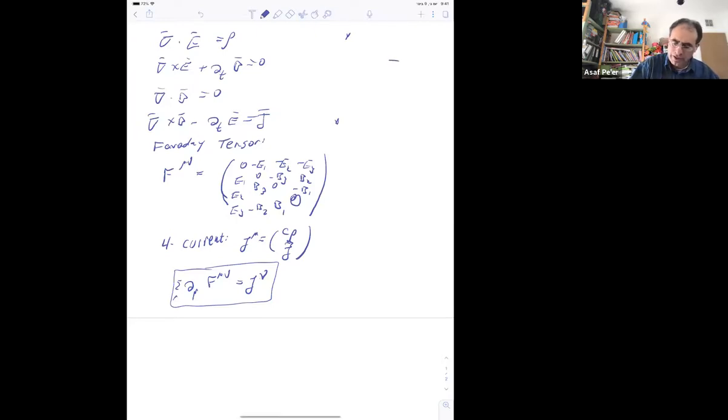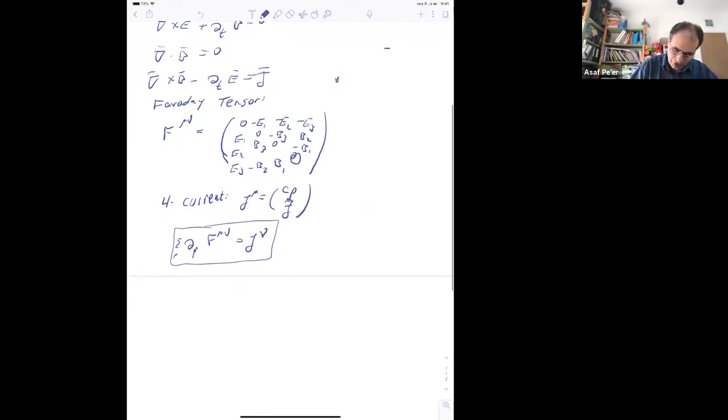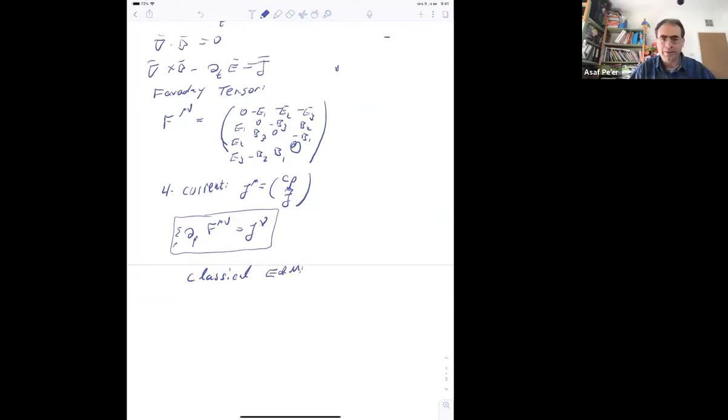So you have seen potentials in classical E&M. You have seen the vector potential and the scalar potential. The vector potential in classical E&M came out from a mathematical identity.